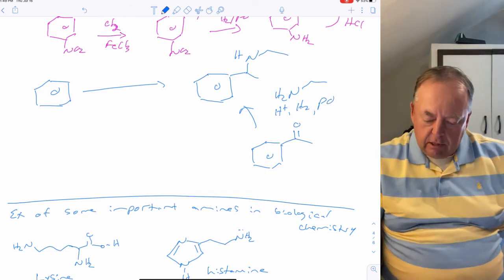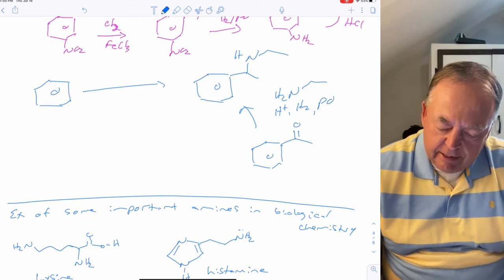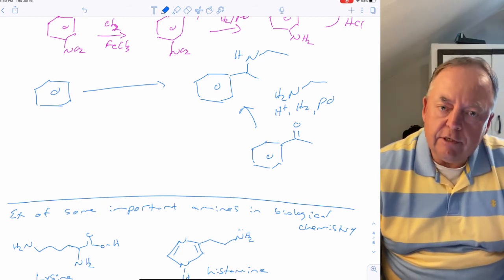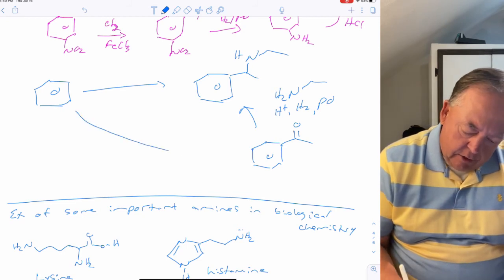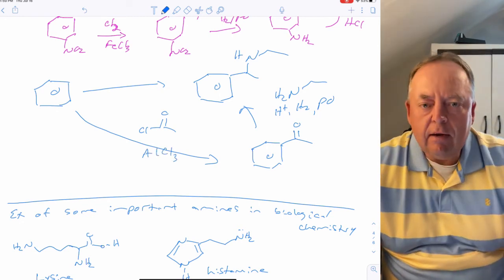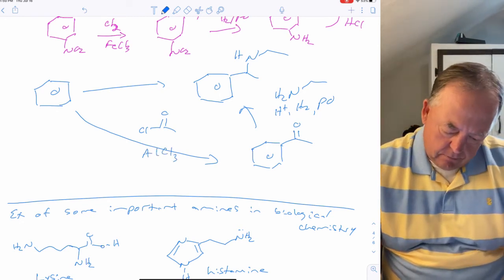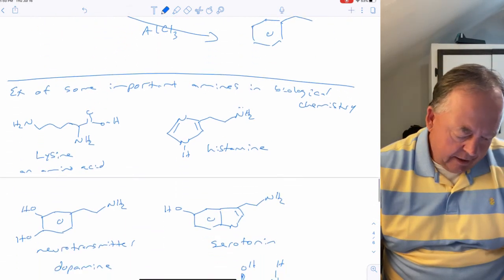So that was a reaction that we covered in this chapter. That would make the imine, and then you get a H2 across the carbon-oxygen double bond. And you could make that ketone from benzene by doing a Friedel-Crafts acylation. Okay, so just a two-step synthesis in that case.